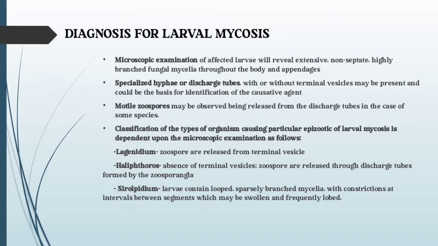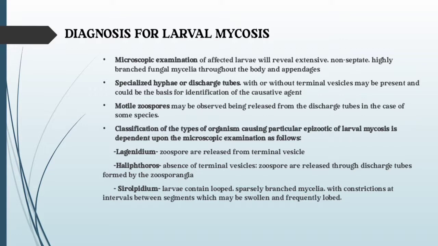Motile zoospores may be observed being released from the discharge tubes in the case of some species. Classification of the types of organisms causing a particular epizootic of larval mycosis is dependent upon the microscopic examination as follows.